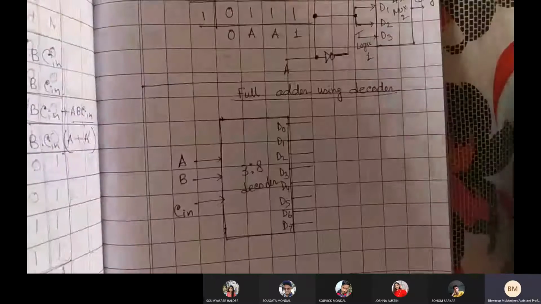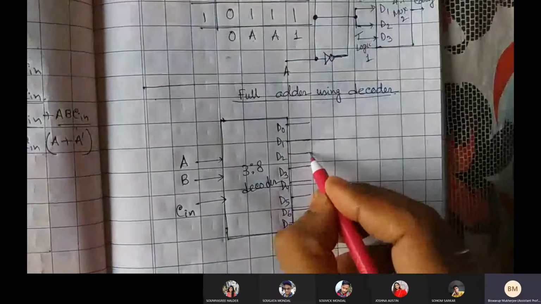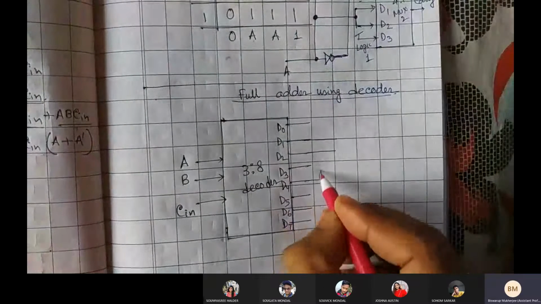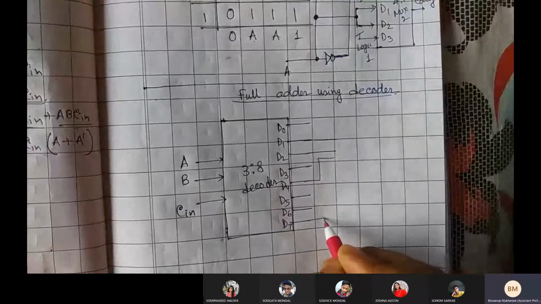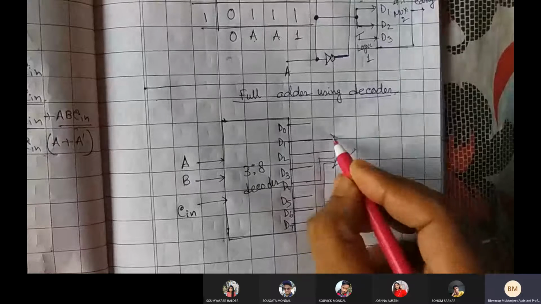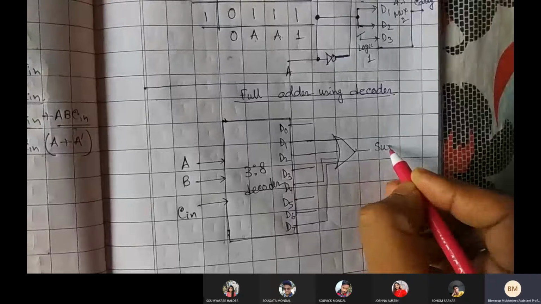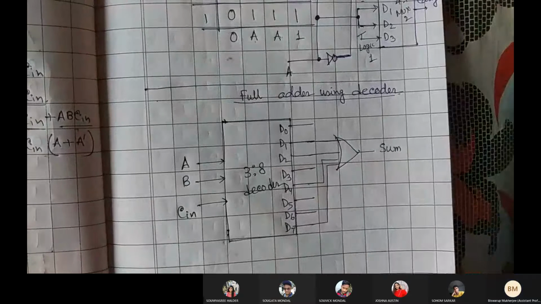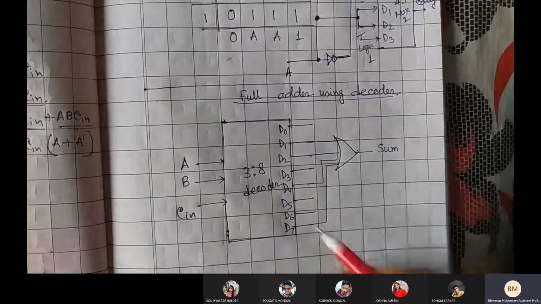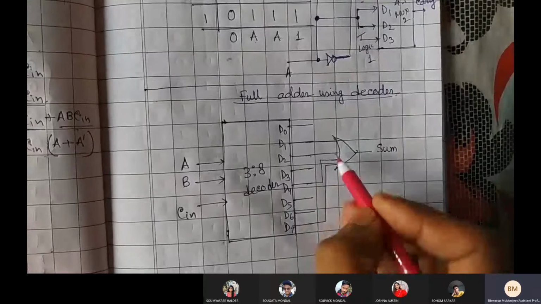D1, D2, D4, D7. I take four and do an OR operation to get the sum.